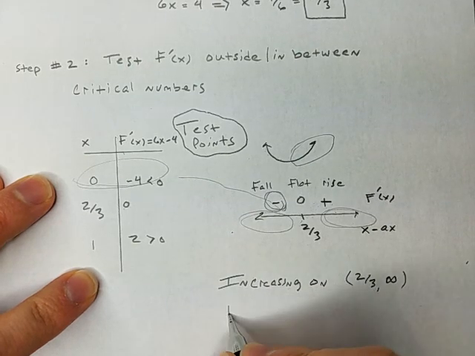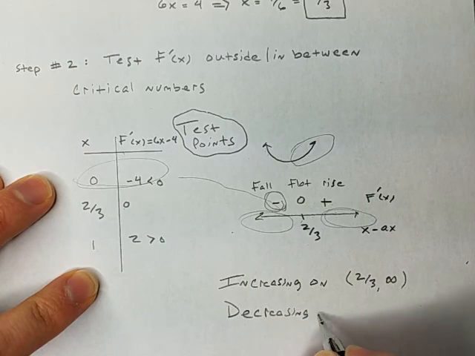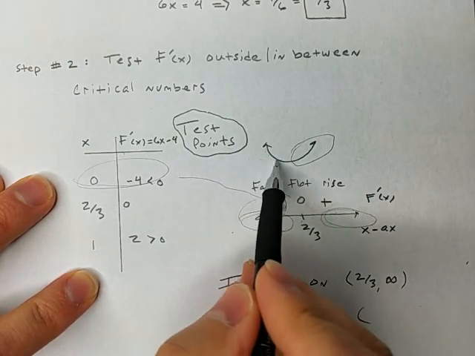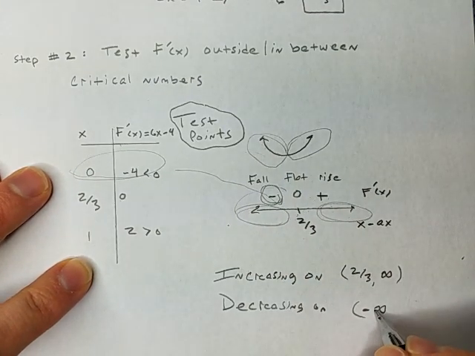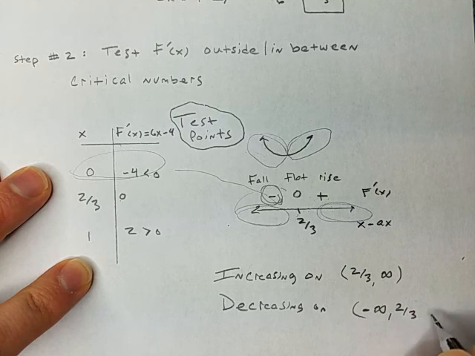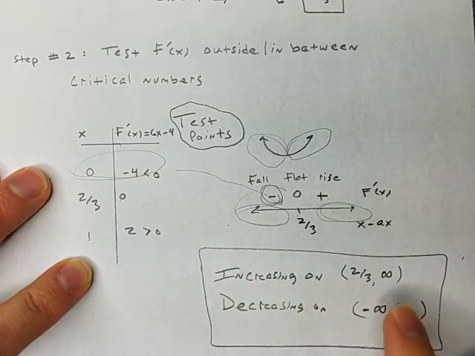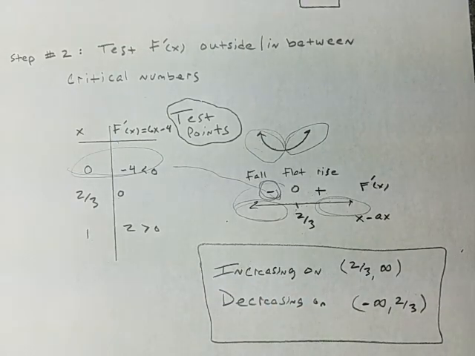And then it's decreasing on, that would be this right here, negative infinity to 2/3. Those are intervals. This is a portion of the x-axis where the curve is rising and falling.